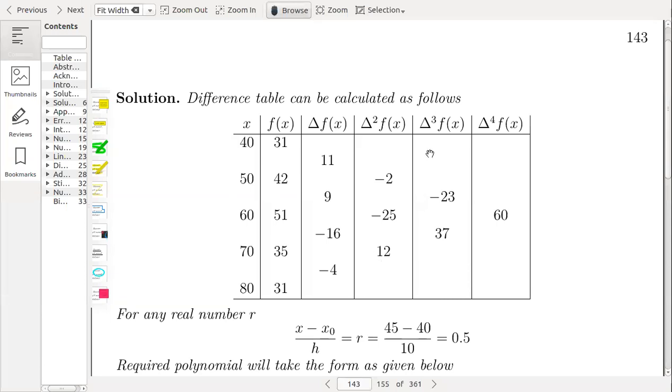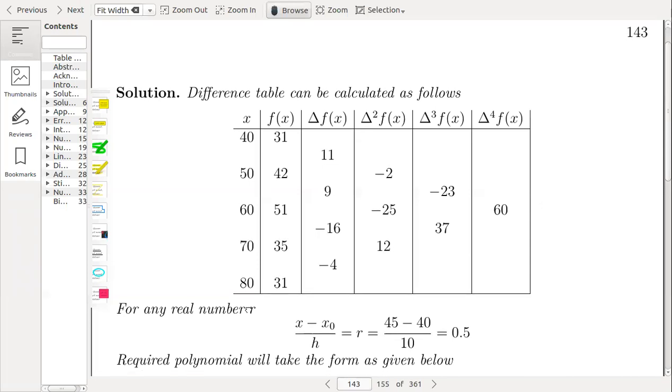Then the third order forward difference can be computed as 12 minus 25, that is 37, minus 25 minus 2, so it will be plus 2, minus 23. And finally, for the fourth order forward difference, we will add these two terms, that is 37 minus minus 23. It will be added as 60.